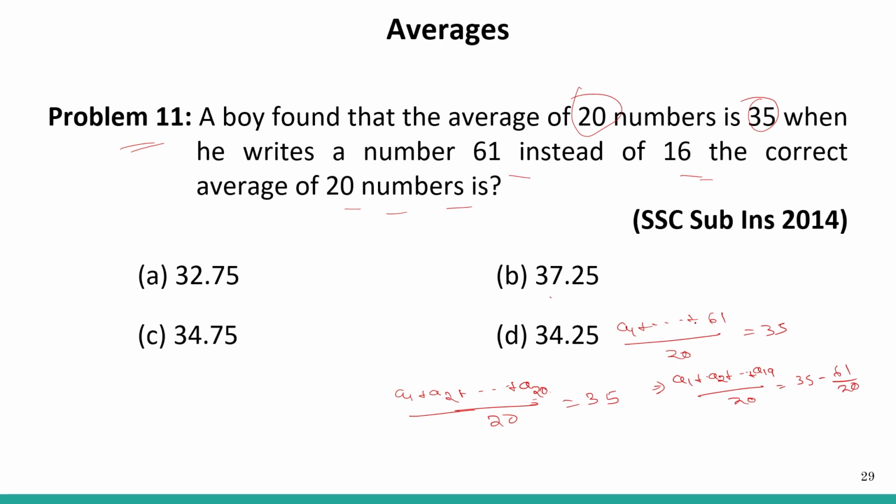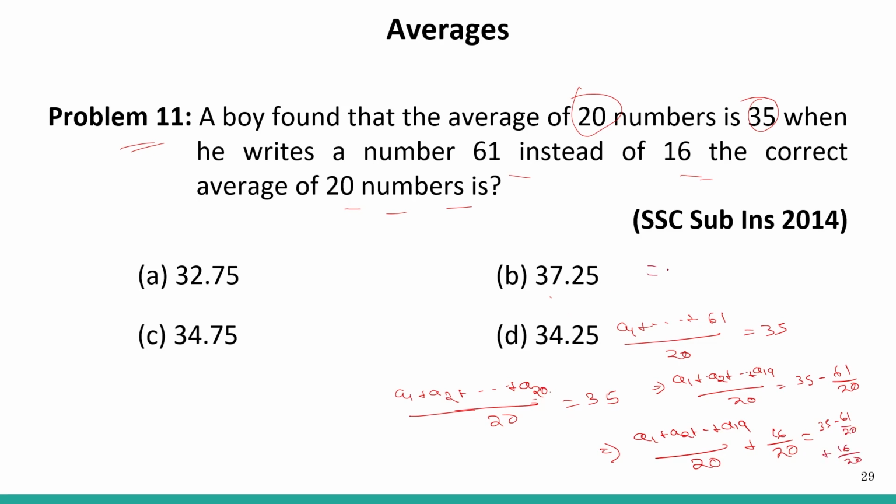So given to us that if 16 was written, that is the correct one, then what would have been the answer? So this implies that A1 plus A2 plus dot dot dot plus A19 by 20 plus 16 by 20 is equal to, because we know this term, 35 minus 61 by 20 plus 16 by 20.